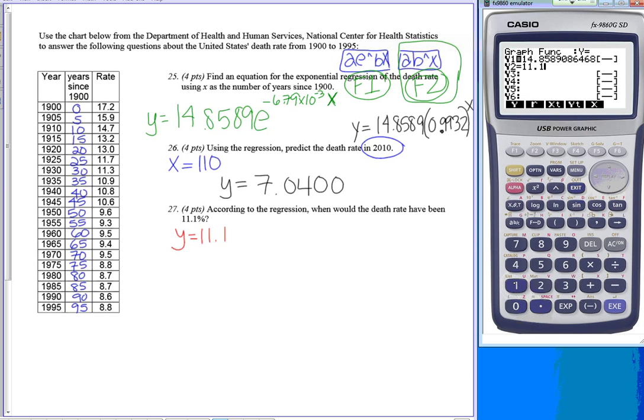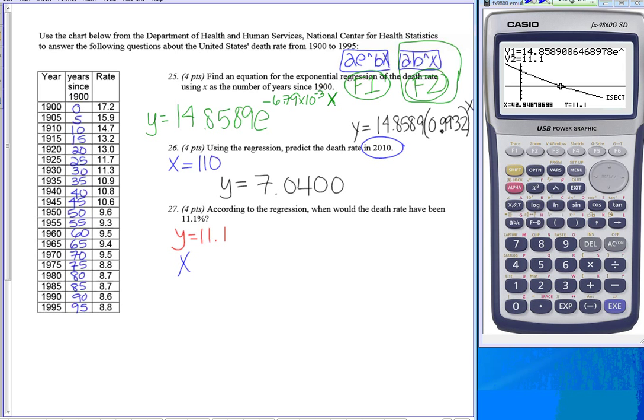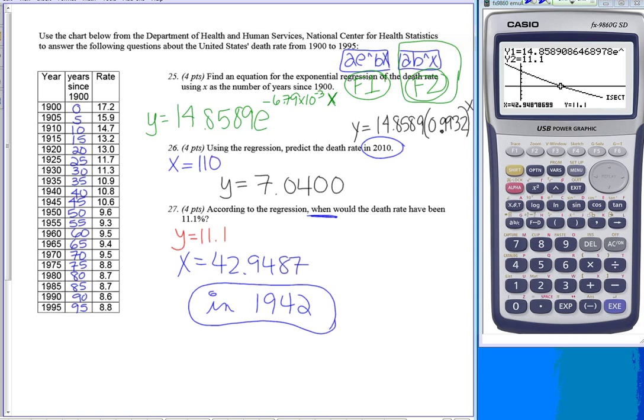I can then graph it, and I can go to gsolve to find the intersection, and that was at 42.9487, which is not an answer to when. My when would be in 1942. You could also justify calling that 1943. It's a good idea to give your answer with the 4 decimal places also, and then give the realistic rounded answer.